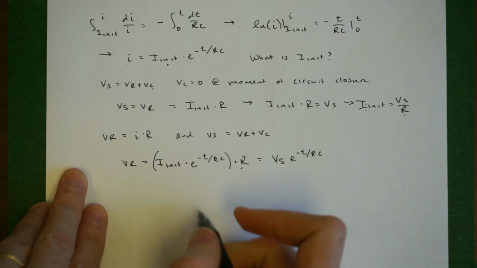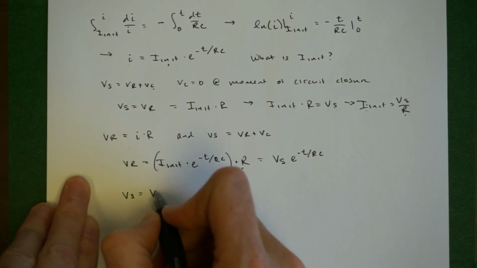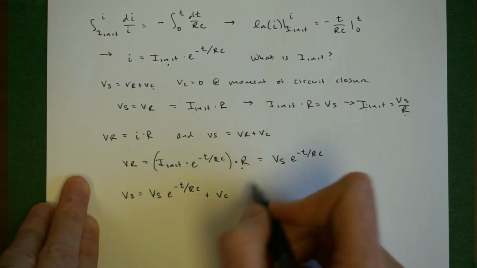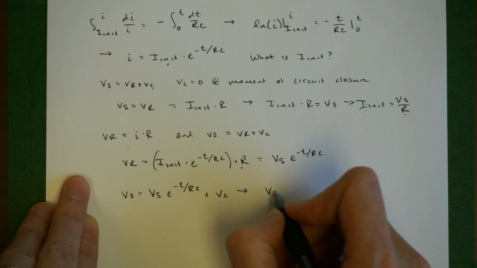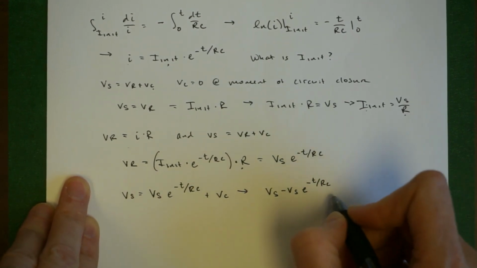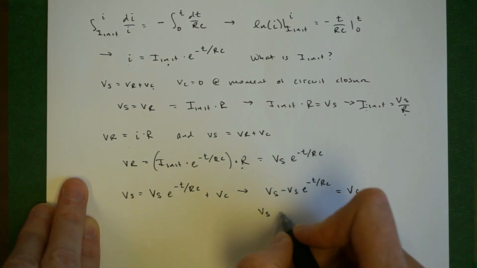And so now we can solve for V sub c. So we have V sub s equals Vs e to the negative t over RC plus V sub c. So just rearranging and then factoring out the V sub s.